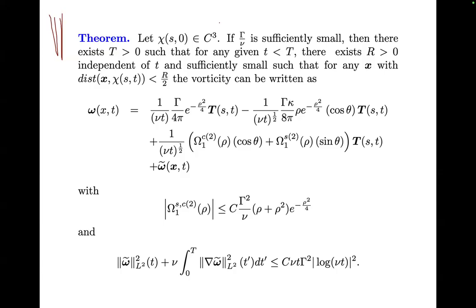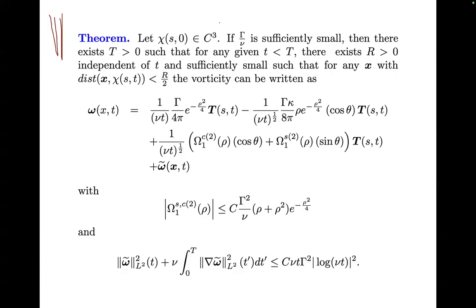And finally, what can you say about the error? Well, omega is written as this leading order plus omega tilde, and omega tilde is in the energy space, and the L2 norm squared decays like a power of t log of t, right?